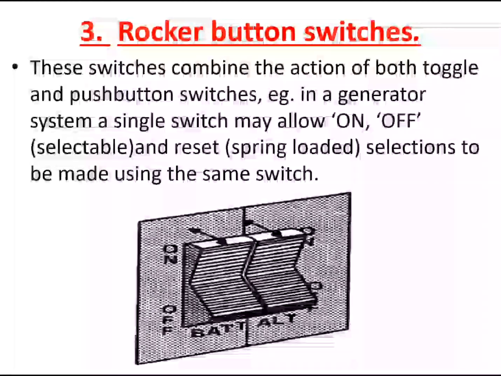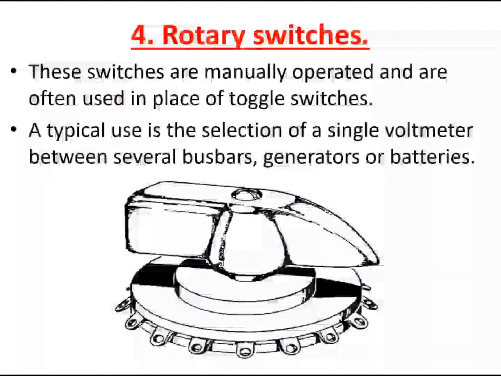These switches combine the action of both toggle and push button switches, e.g. in a generator system. A single switch may allow on-off selection and spring-loaded selections to be made, and as you can see from the switch, it is just as normal as the one that we have back at home on our walls for putting on the lights.